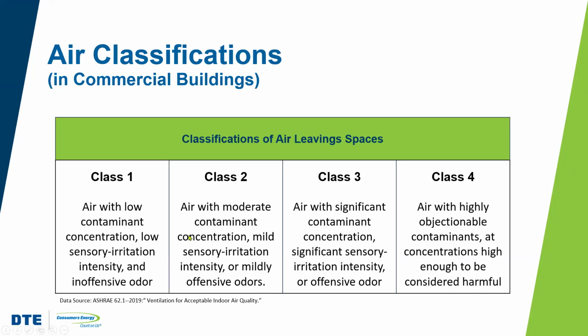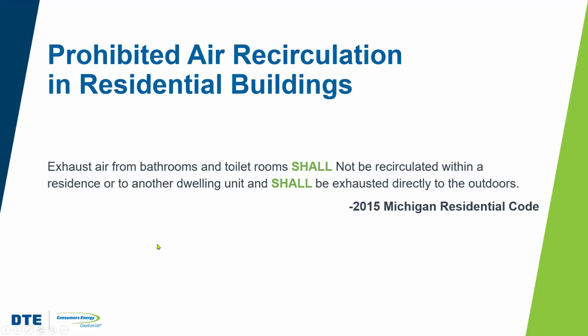So class 1 air has low contaminants, low issues there. And then class 4 air is highly objectionable air that cannot be recirculated. For residential applications, we don't complicate things with defining the classification of the air and whether or not it can be recirculated.